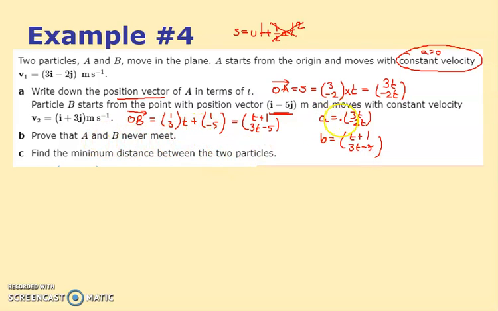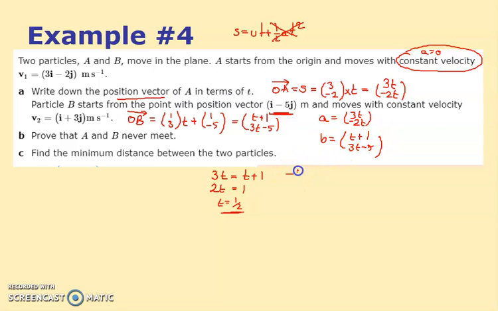Well, they will meet if the times agree. So you notice I've got a position vector for this, 3t, minus 2t, and t plus 1 and this. So when 3t equals t plus 1, it will give me a time. That gives me 2t equals 1, or t equals a half. So the top line gives me they'll meet after half a second.